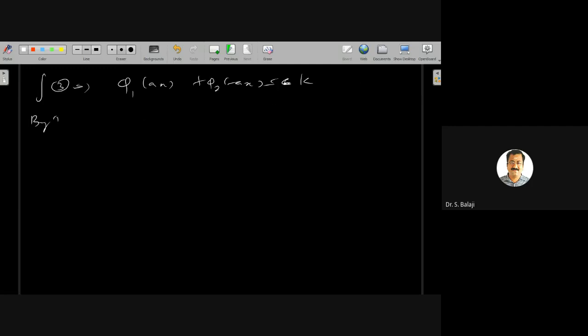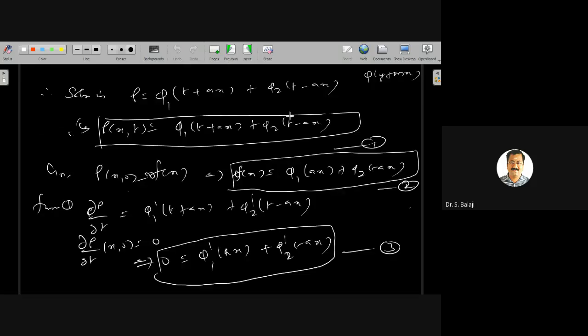Integrate equation 3. And the fourth: pi 1 of ax plus pi 2 of minus ax is equal to f of x.